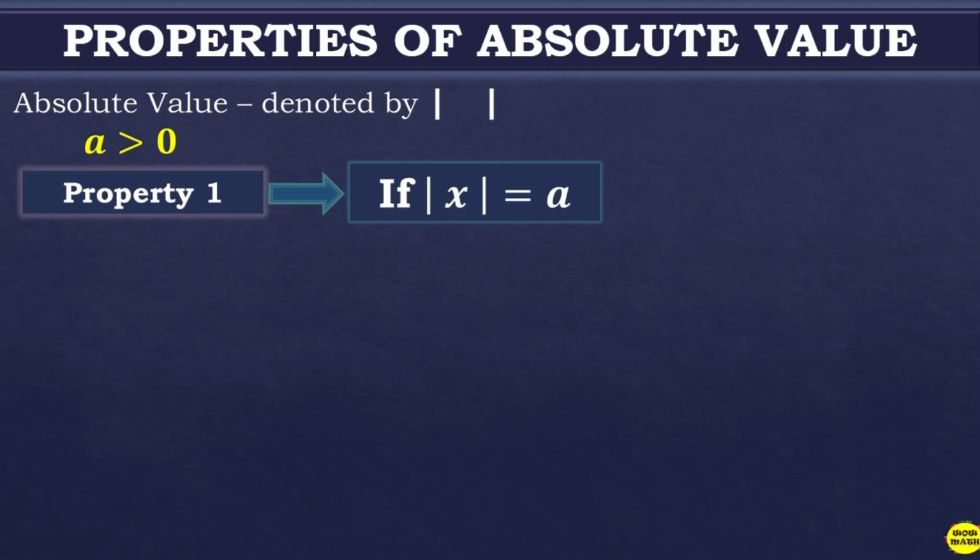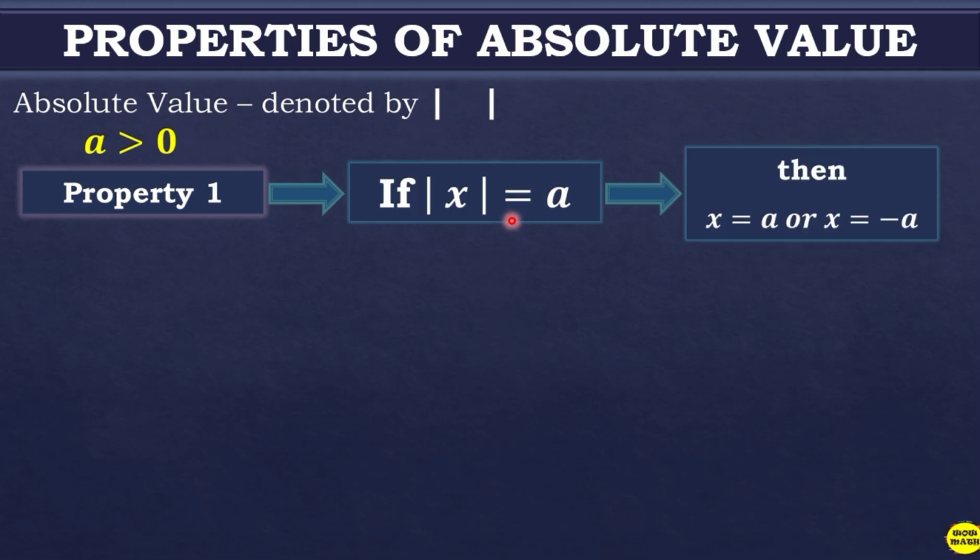So, if the absolute value of x is equal to a, where a is greater than 0, so dapat greater than 0 ito. So, kapag nakita ninyo na ganito equal sign, okay, so absolute value of x is equal to a, kapag equal sign, ito po ang pattern. Ito po yung property.